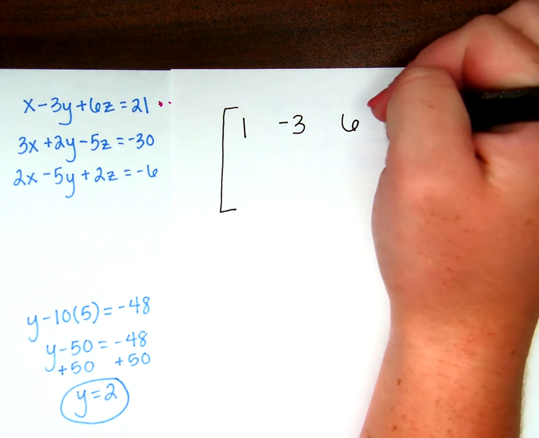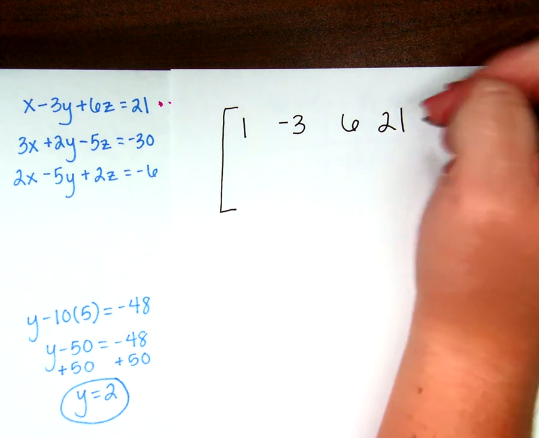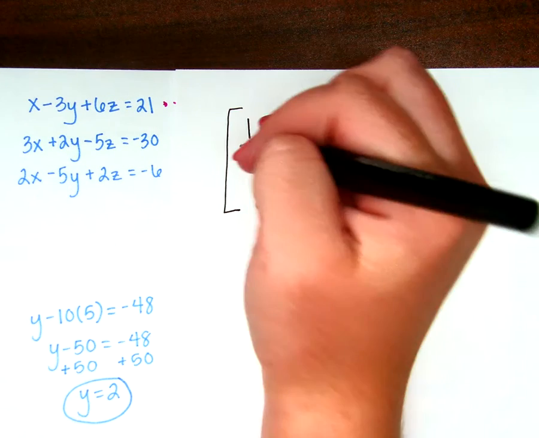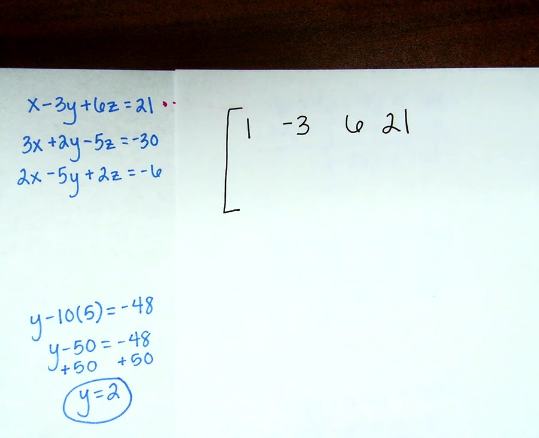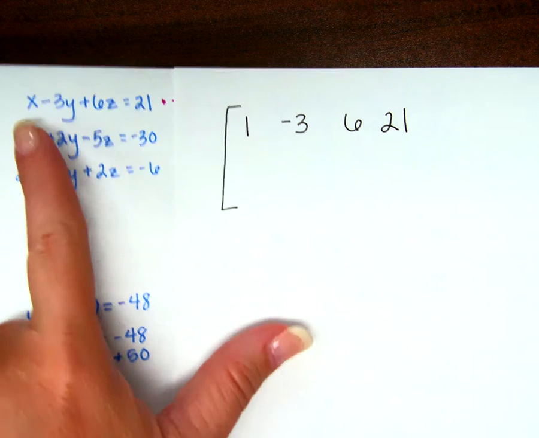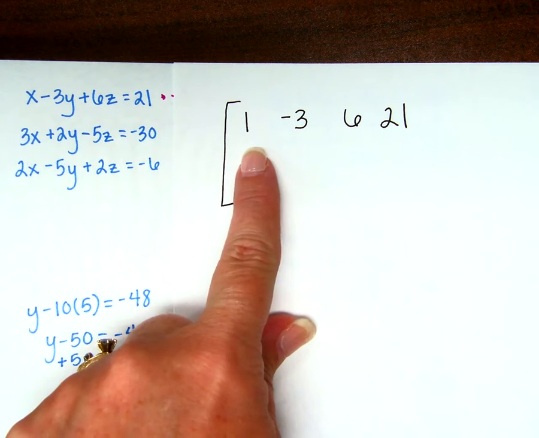Where in the world do you think that came from? What's a mathematical term for a number in front of a variable? Starts with a C, O, E, coefficient, right? So what we did is we wrote down the coefficient.